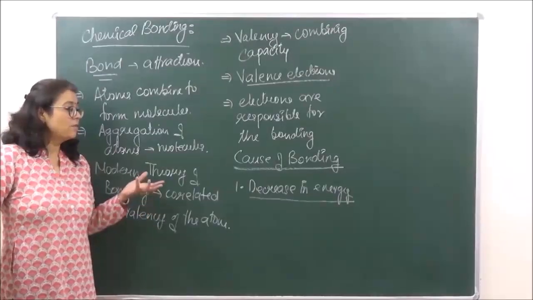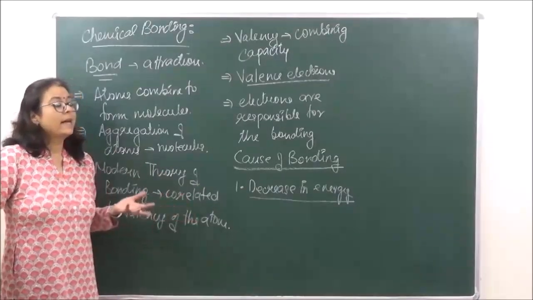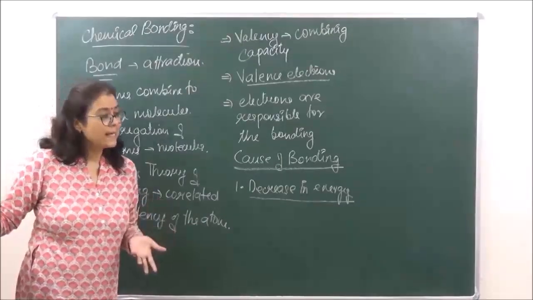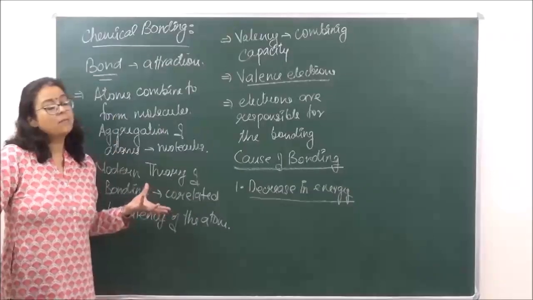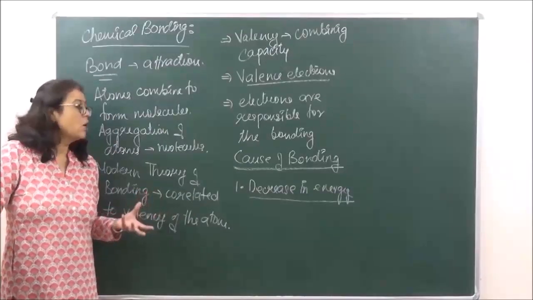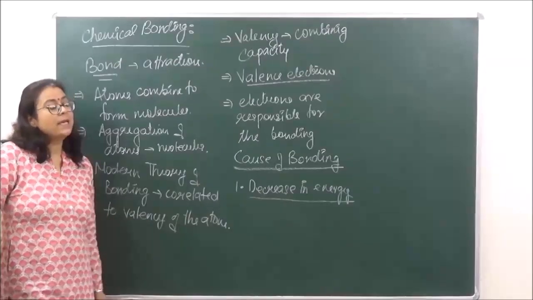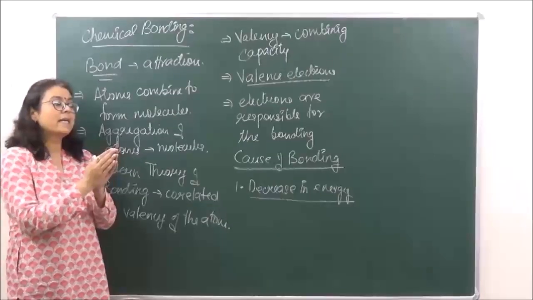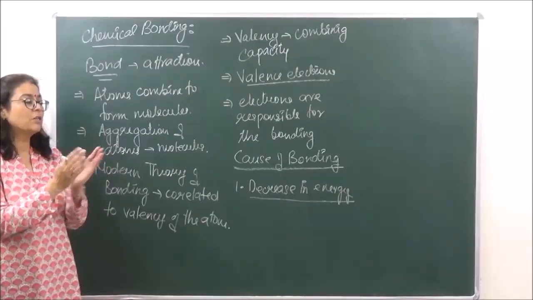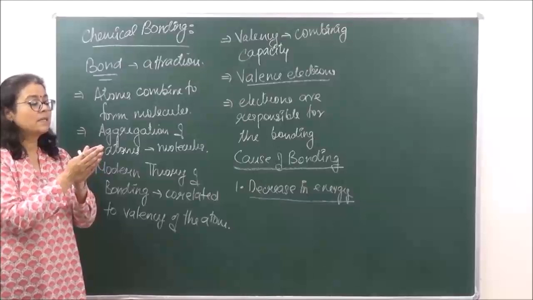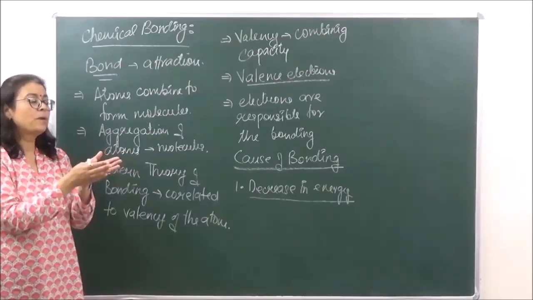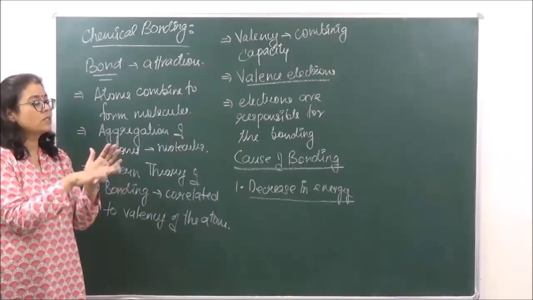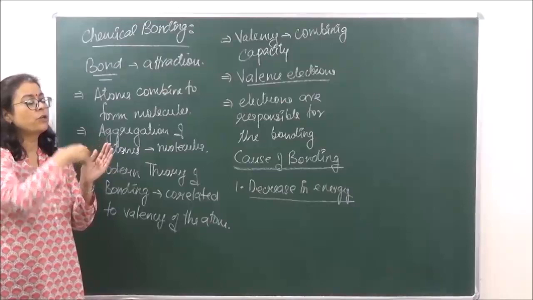It is apprehended that only when the forces of attraction are greater than the repulsive forces will bond formation take place. Or in other words, whenever there is repulsion between the atoms, there is a certain repulsion energy which is progressive in nature, as a result of which the energy is released.